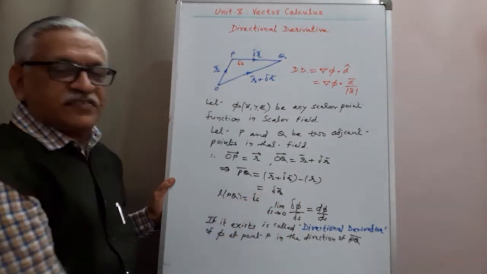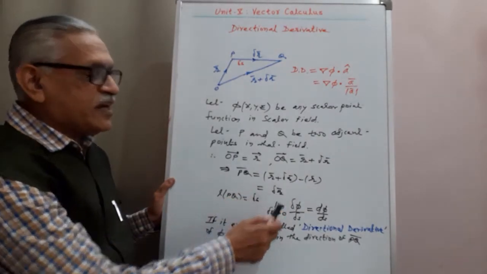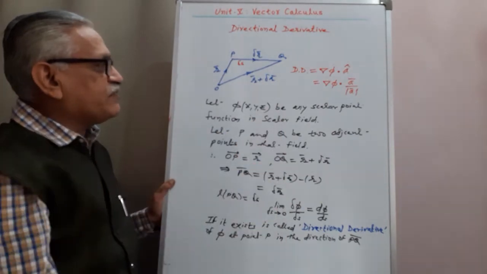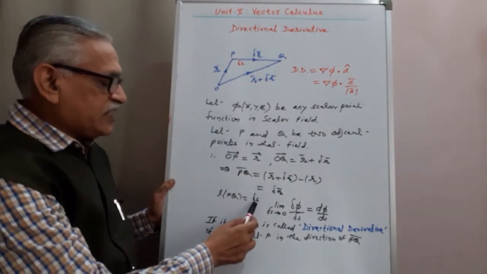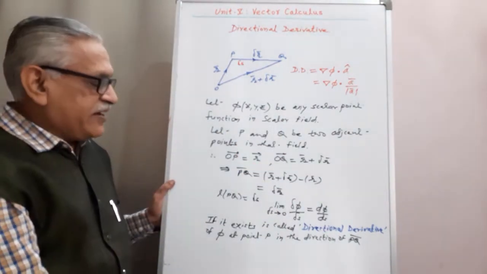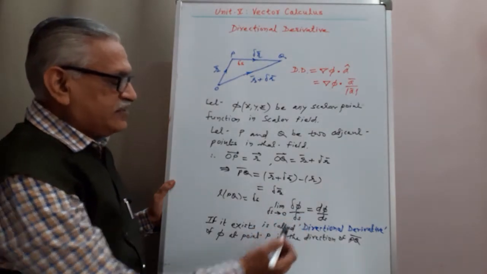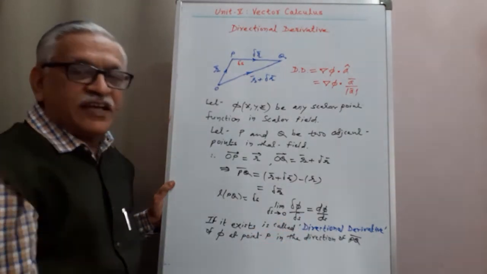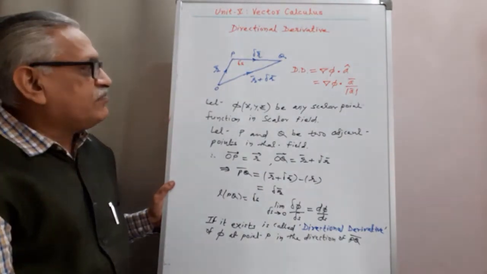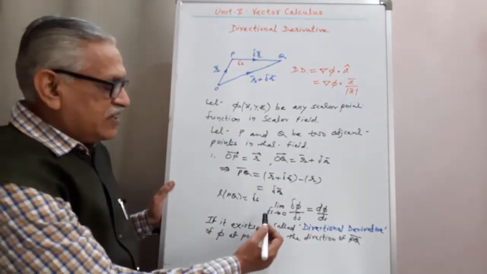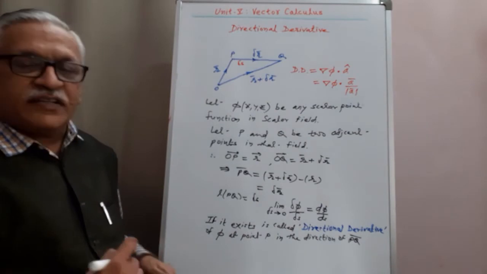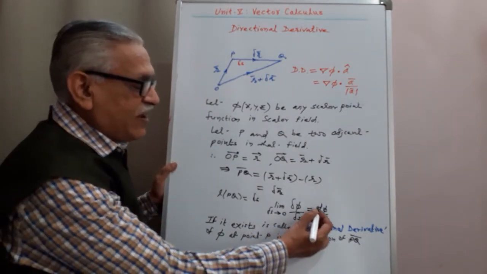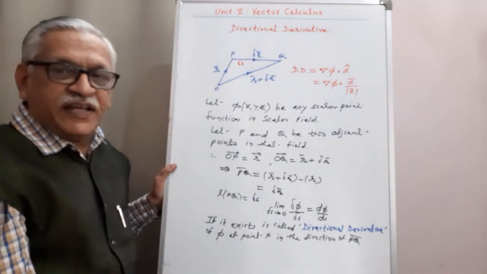R bar gets cancelled, and we get vector PQ as delta r bar, and let the length of vector PQ be delta s. If we take the limit of delta phi by delta s as point Q tends to P, that is, delta s tends to 0, and if this limit exists, that value is d phi by ds.